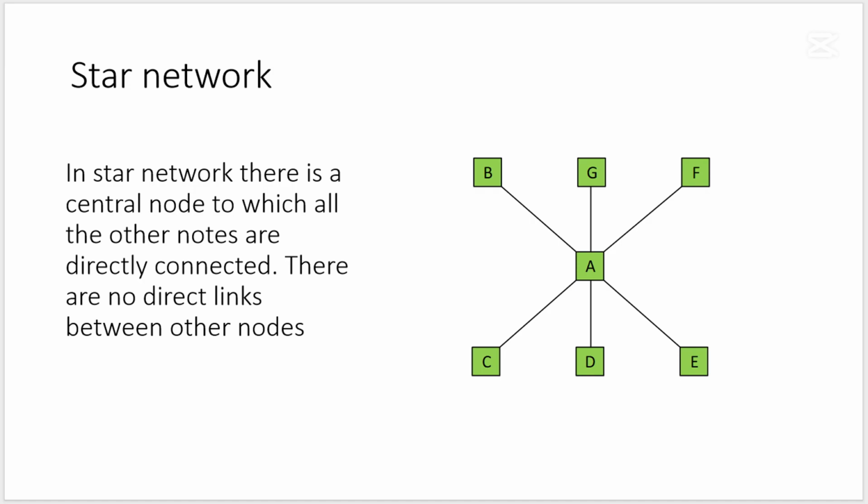If the central hub fails, the entire network is disrupted. So it will also be damaged. And this one is less flexible, let's compare to other topologies like ring or mesh.